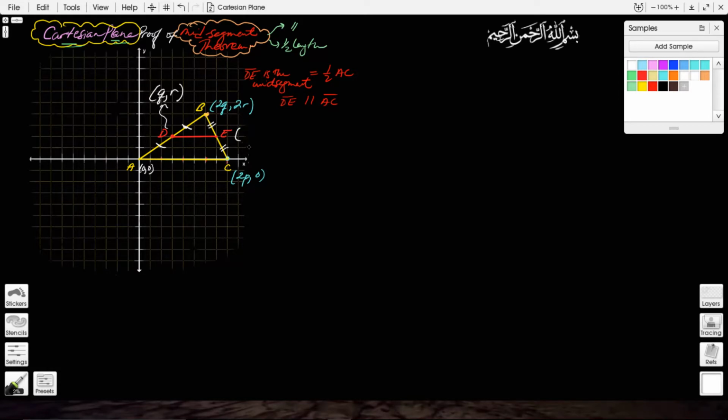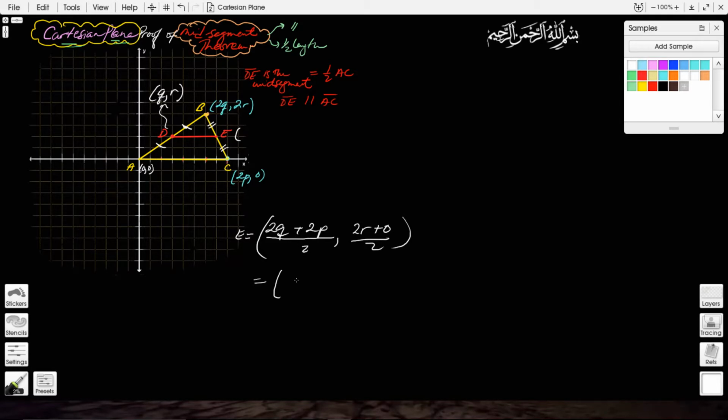Now, E is going to be the same thing. E is going to be the average of 2Q plus 2P, divided by 2, and then 2R plus 0 divided by 2. So this is point E, the average of the x's and the average of the y's. If you simplify this, you can factor out a 2 again.